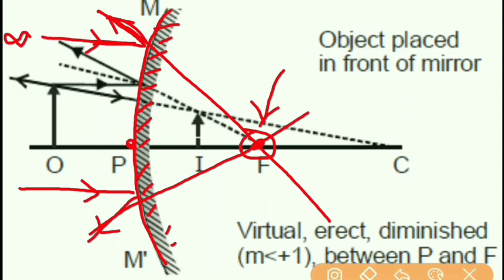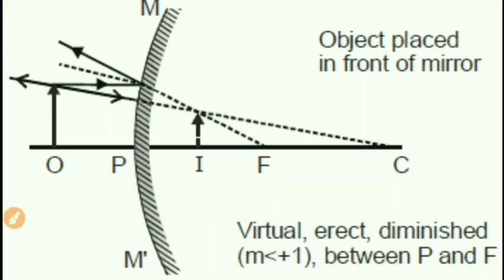They appear to meet at this point, and so the image is virtual, and virtual images are always erect. So whatever the size of the object, the image will be point sized. When the object is at infinity, the image will be point sized, virtual and erect.